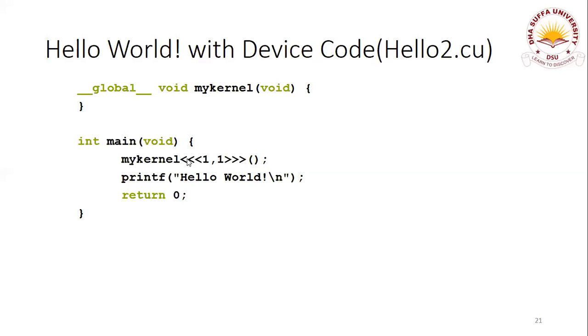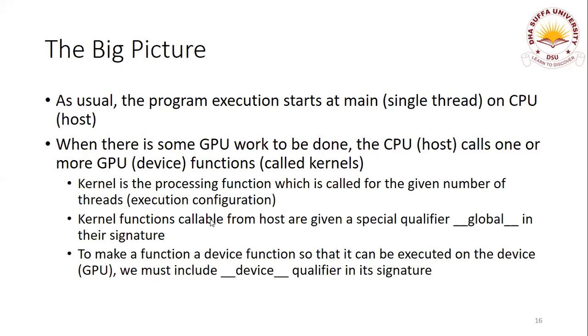If there were no execution configuration, it would be a normal function call. So this is an example of how your basic code looks. I had to skip to this slide just to give you an idea of what we are talking about. So let's move back and start again.